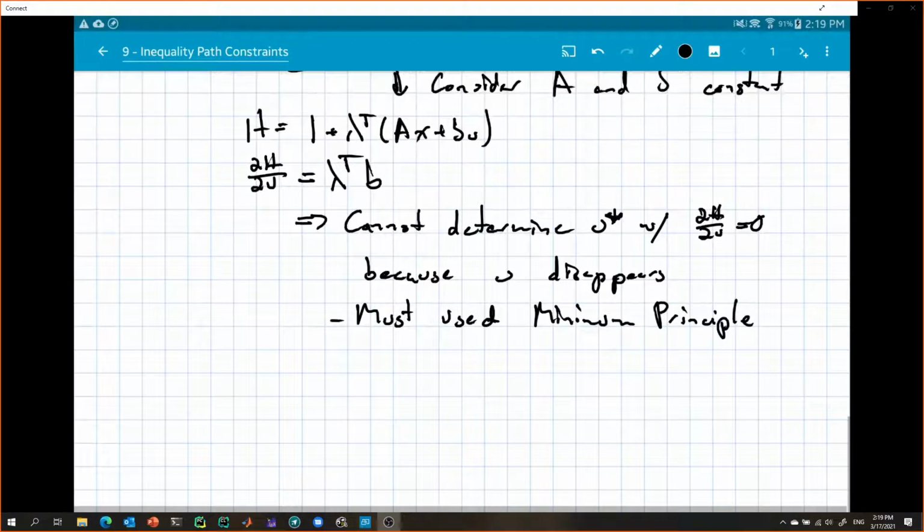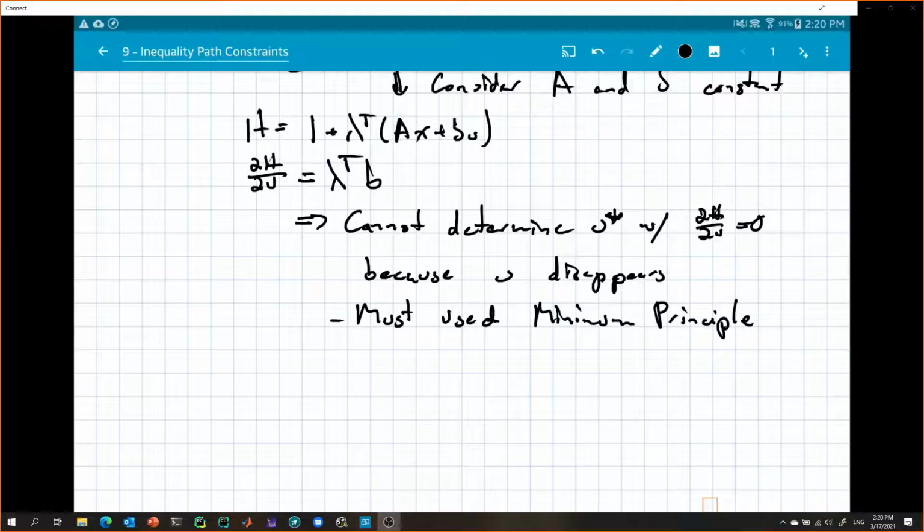If we look at the Hamiltonian again, for a given x, if lambda transpose B is less than 0, then to minimize H, we want u to be as great as possible, thus subtracting the most from the Hamiltonian.